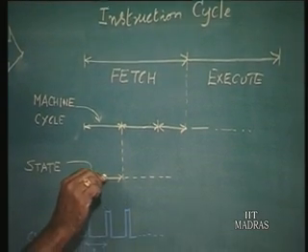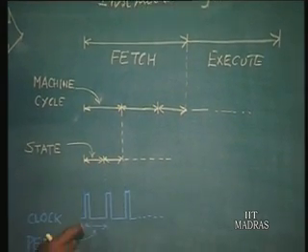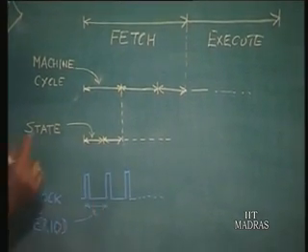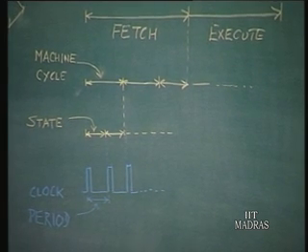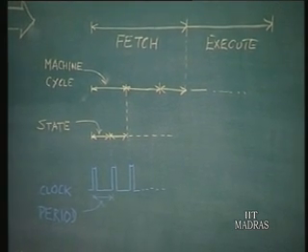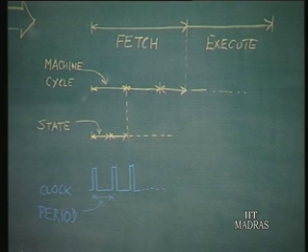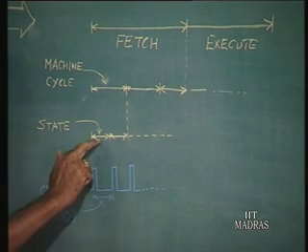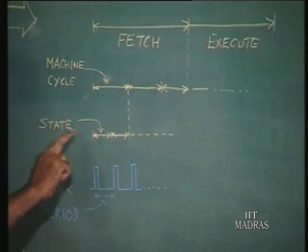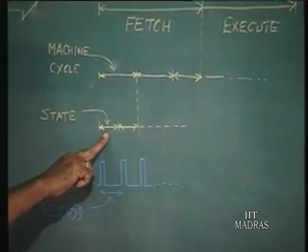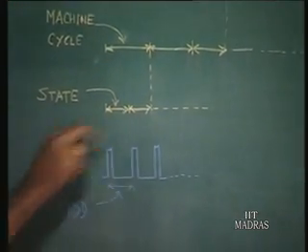Okay, 2 states, that is basically the processor is going to make use of 2 clock periods, 2 clocks, that is 2 basic activities. And what these are, we will see that in detail later. For doing this particular thing, we say the processor enters state 1 and then it enters state 2.